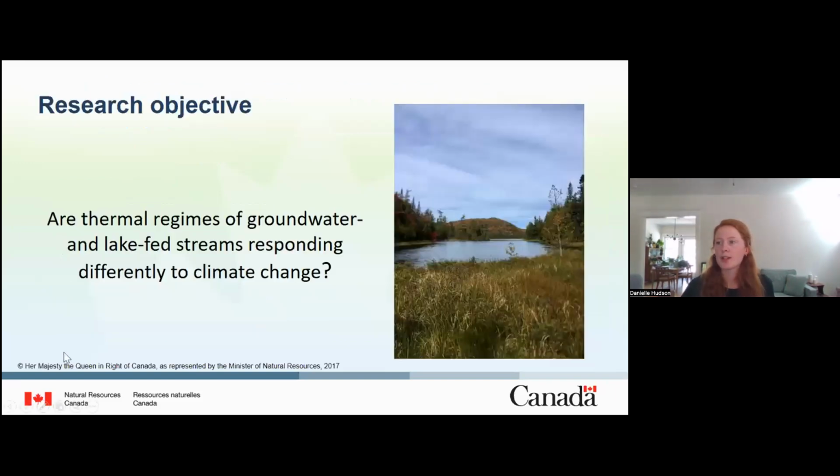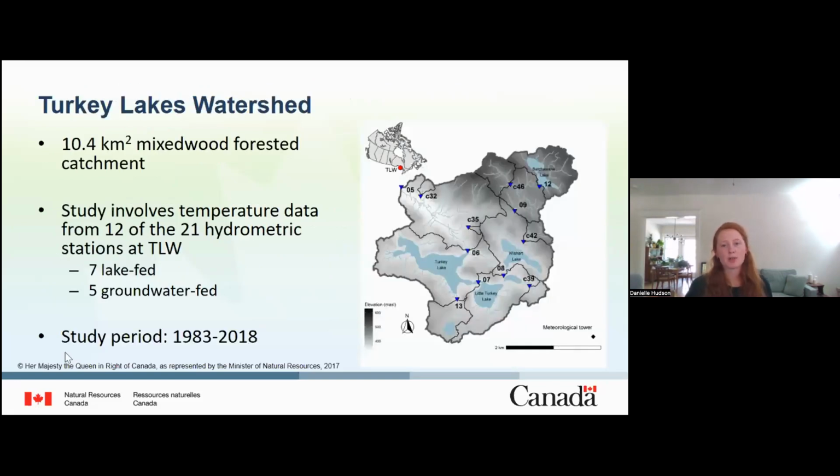So our research question for today is, are the thermal regimes of groundwater and lake-fed streams responding differently to climate change? To answer that, we're going to be using spot temperature data from the Turkey Lakes watershed. This is a long-term experimental catchment study located just north of Sault Ste. Marie, Ontario, on the eastern shore of Lake Superior, on the traditional territory of the Batchewana First Nation.